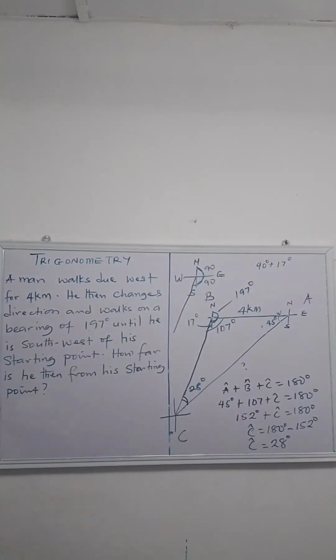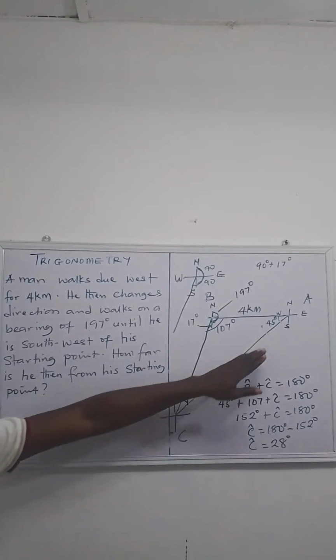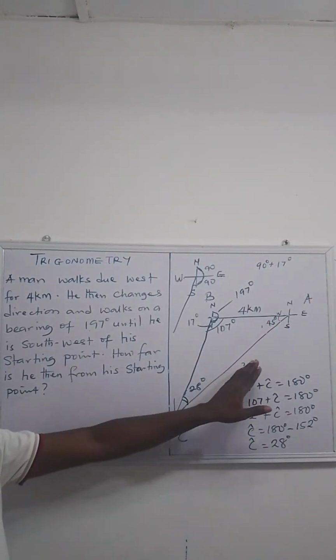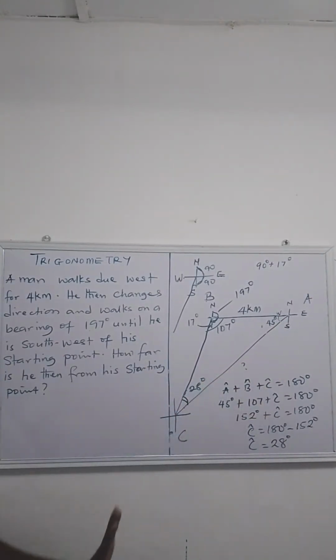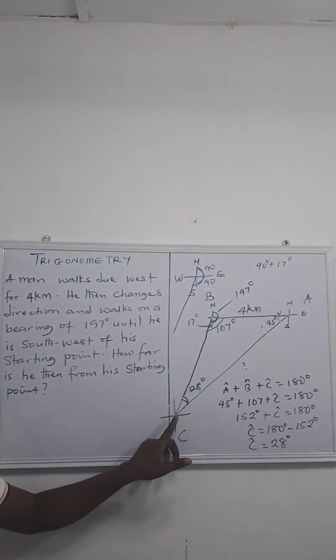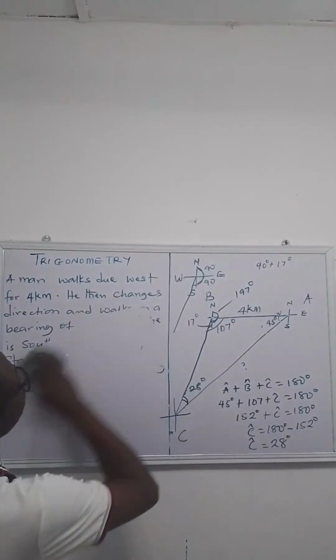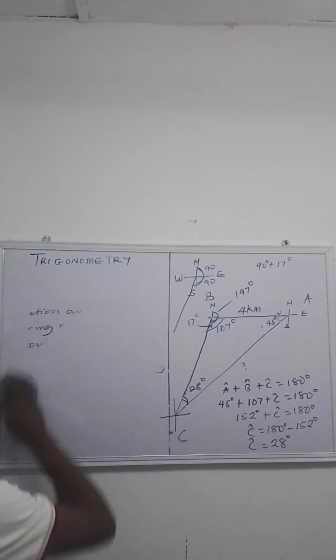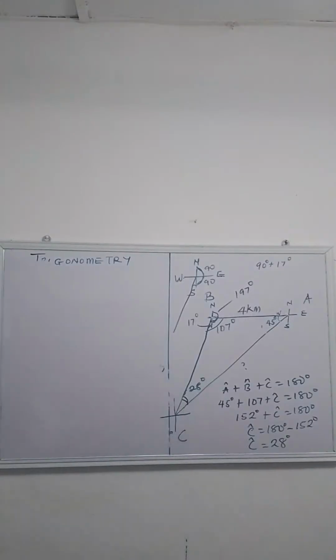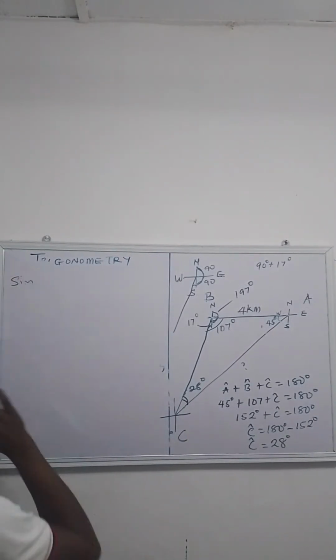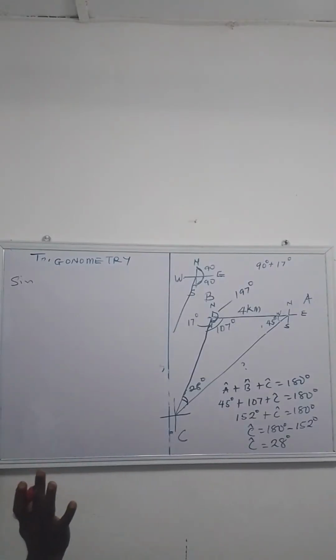All right, so now the question wants us to get this distance AC. How do we get distance AC? I'll be making use of the sine rule to do that. Show me an angle and its side.